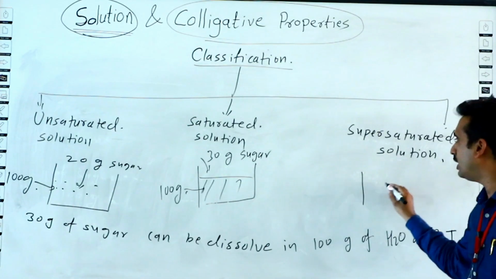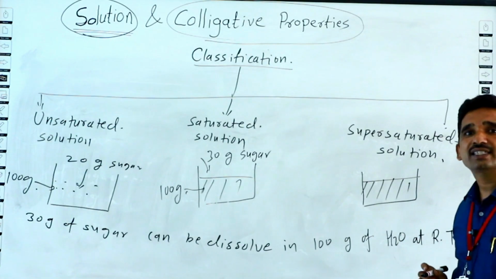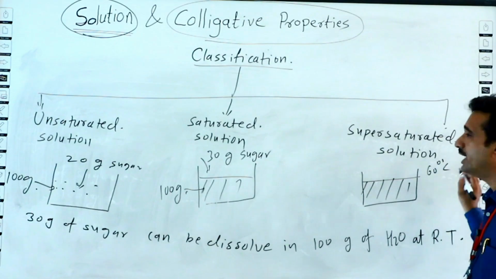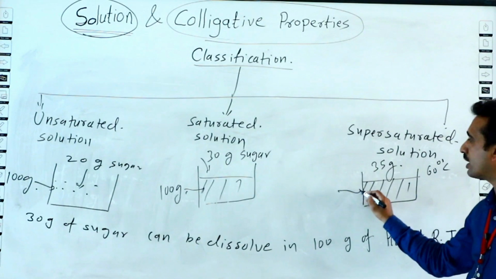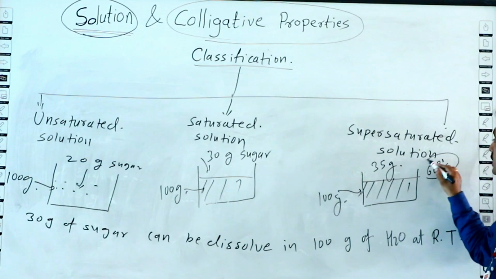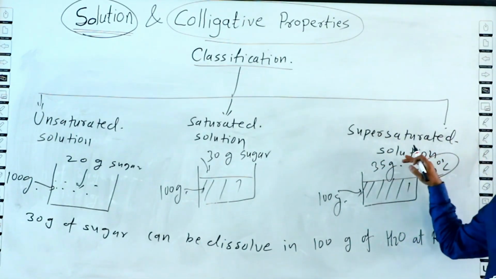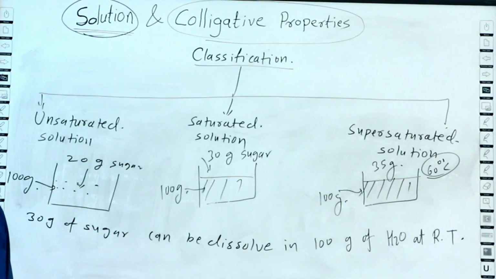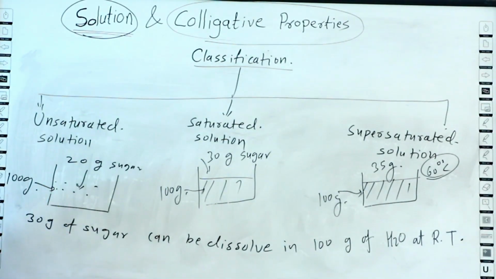And number 3, if we raise the temperature, suppose at 60 degrees centigrade 35 gram of sugar is added in 100 gram of water, then the solution is called a supersaturated solution, as the temperature increases. These 3 cases we will discuss in a simple manner.